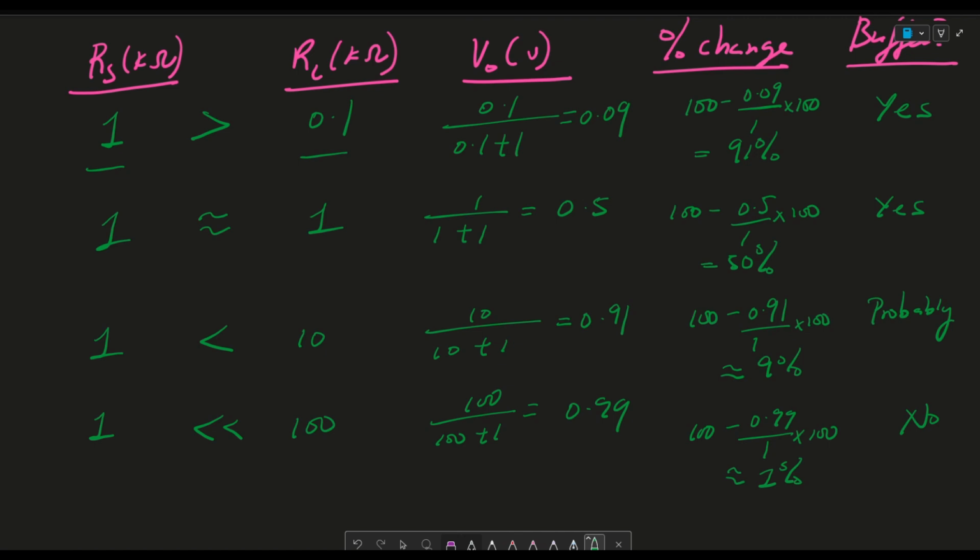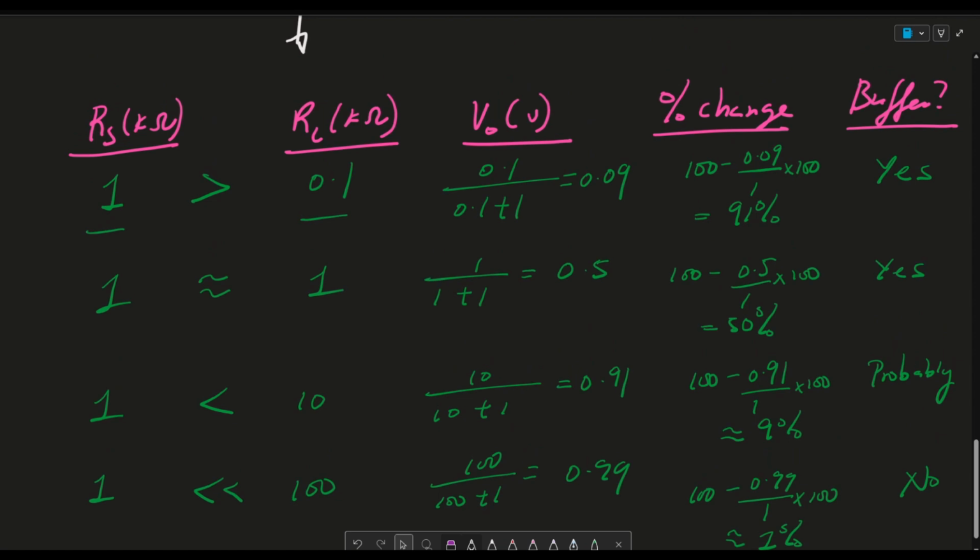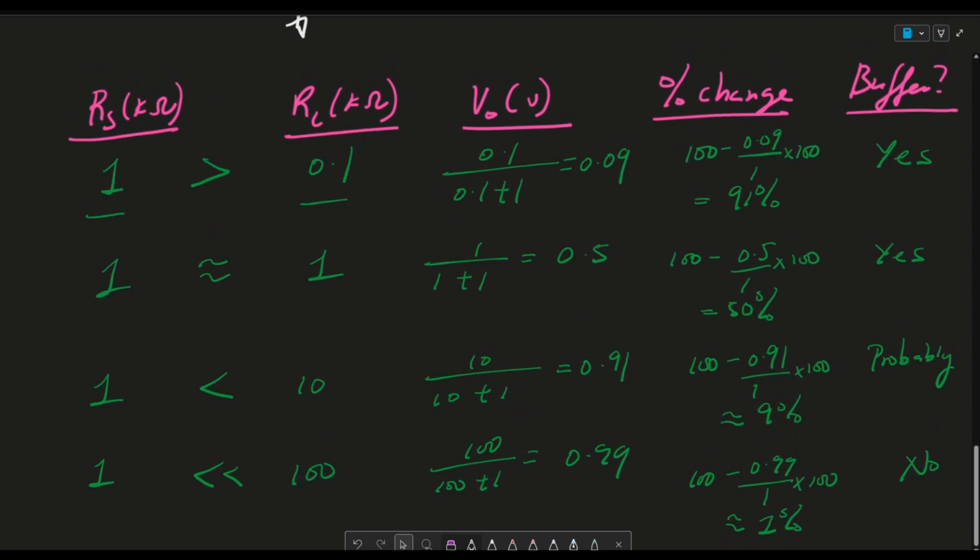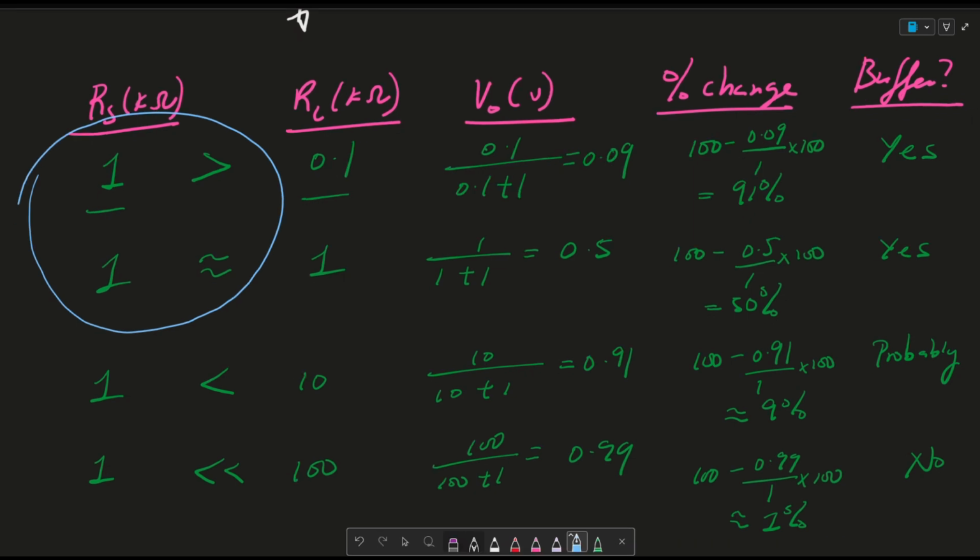So there's a few concepts we want to learn from this, okay? And I'm going to start with these two. Essentially, what you notice here is that RL is less than or equal to RS, correct?